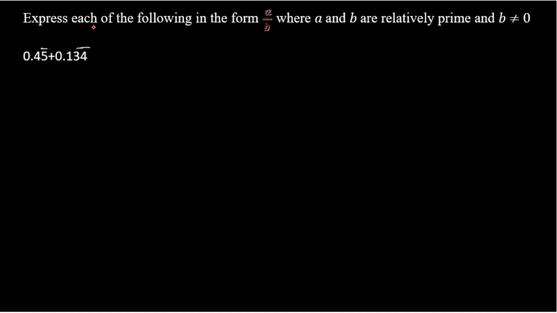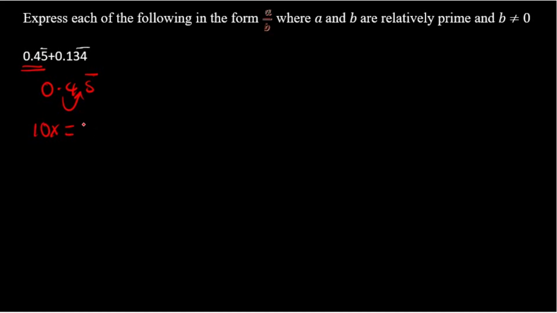So on the second one, it says express each of the following in the form of a over b, where a and b are relatively prime numbers. So the first thing that you do is you start with the first one, 0.45, like that, right? Let's write this as a fraction. So meaning that we need to get this point in front of the number that is repeating.